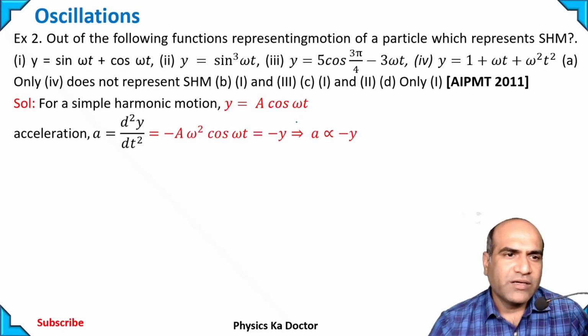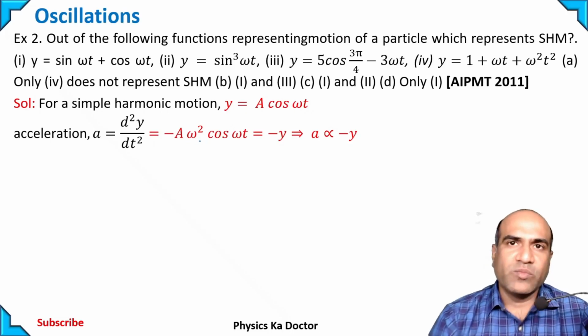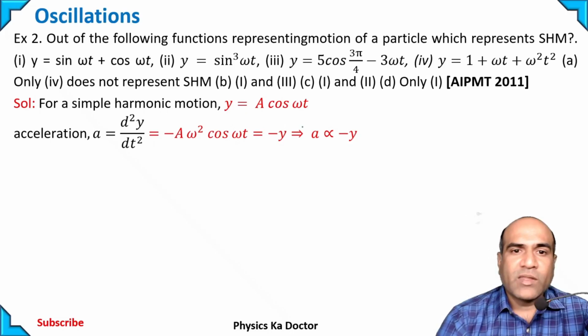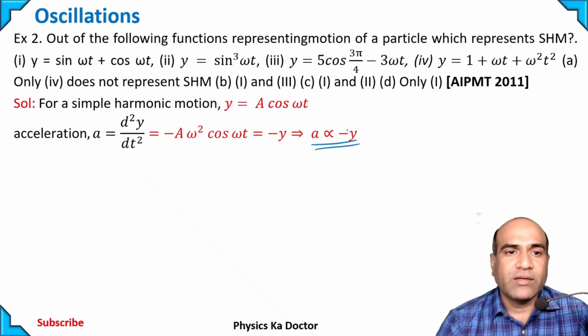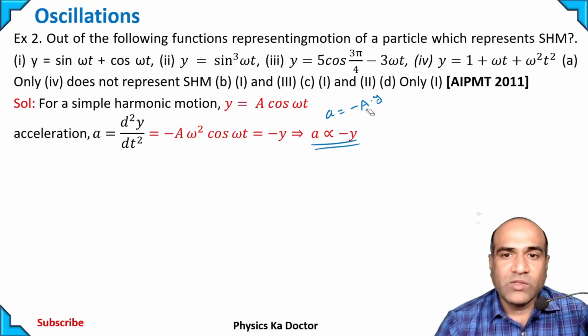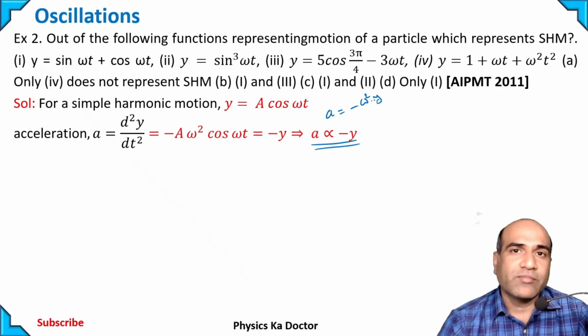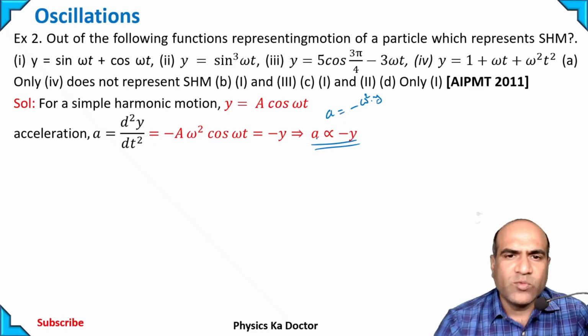If you take differentiation, acceleration becomes minus a omega square cos omega t, and we can convert this all to y equal to a cos omega t, right? So acceleration is directly proportional to minus y. The reason is that we can write acceleration equal to minus omega square y. So this kind of equation has to be there. When we take acceleration, it should be proportional to minus y.